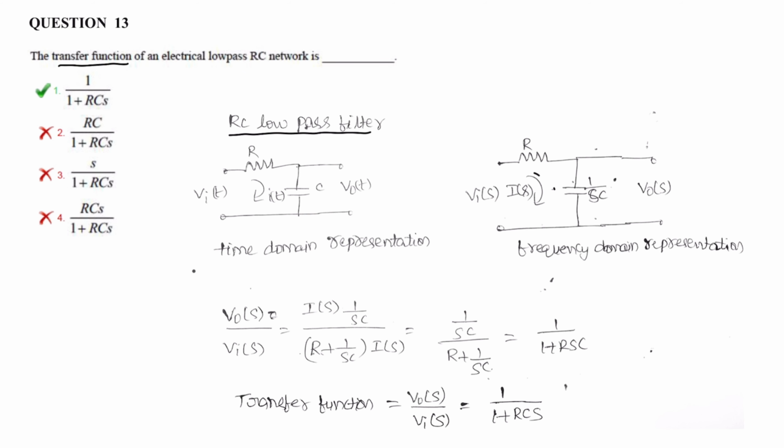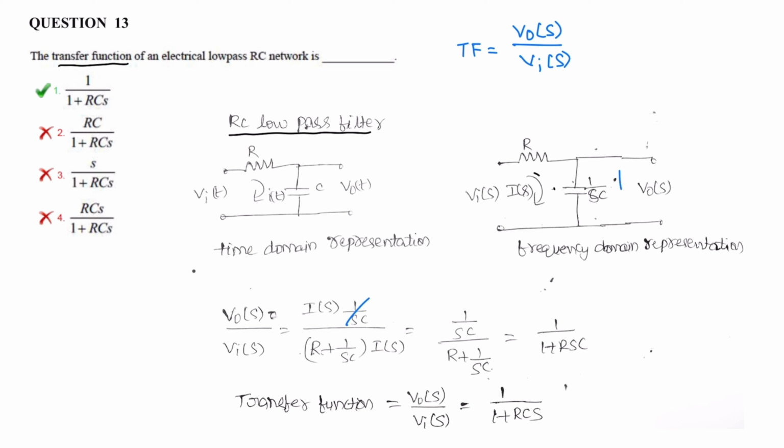So the transfer function is the ratio of output to input, V naught of s by Vi of s. V naught of s is the voltage across the capacitor, that is I of s into 1 by sC. And the input voltage Vi of s is R plus 1 by sC into I of s.